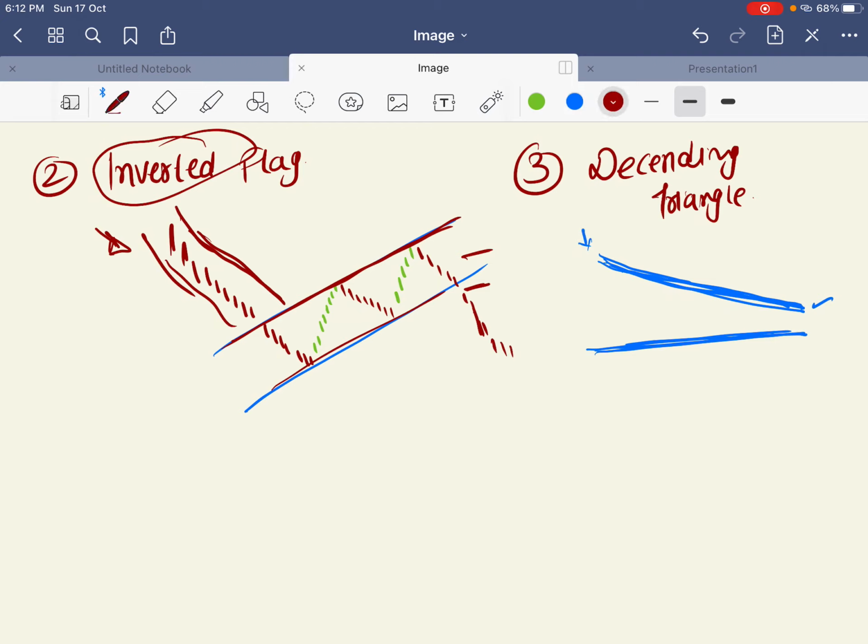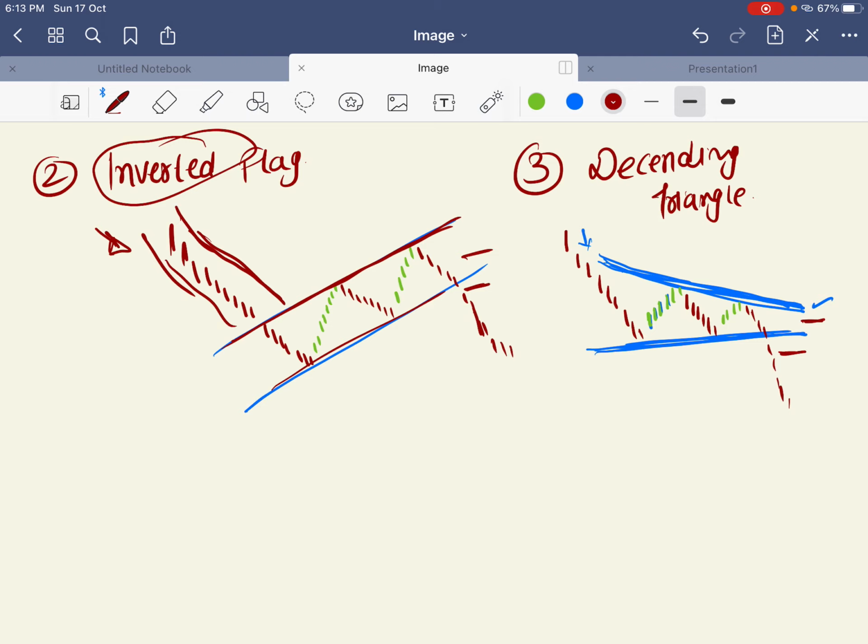The price enters this triangle like this and trades like this for some time as per your time frame, and after the breakout you can take the short entry and put your SL inside the descending triangle.